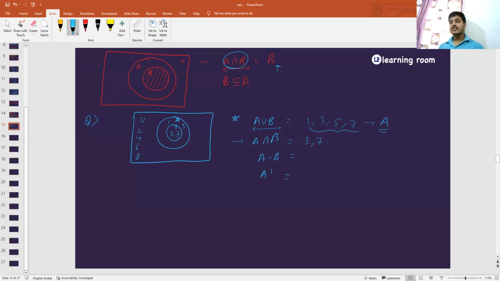Okay, the girl sitting left to you, having specs. Yeah, what is A minus B? 1, 5. Yeah, that's correct. Okay, and the girl just at the back of you.